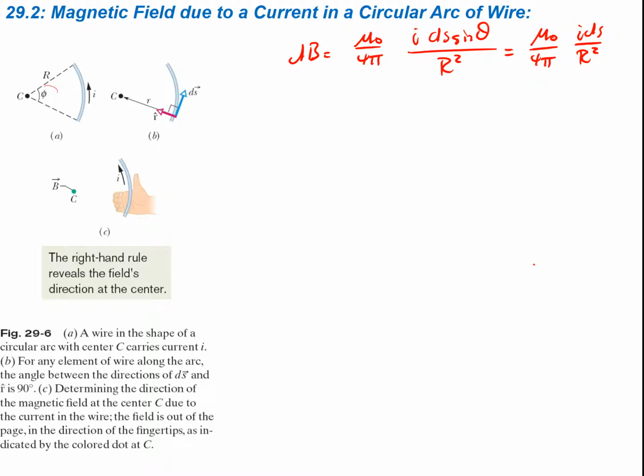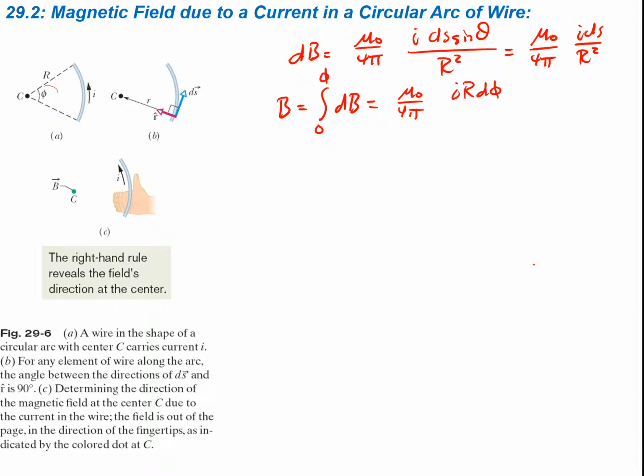Now we want to find what the total magnetic field contribution is, since this was only part of it. So we're going to take the integral of dB, and our limits are going to be from 0 to phi, because we're going from this point all the way through to that point. So we get mu naught over 4 pi times the current times r times phi.